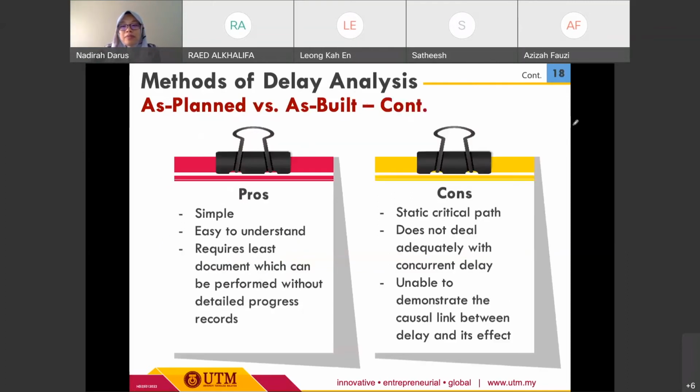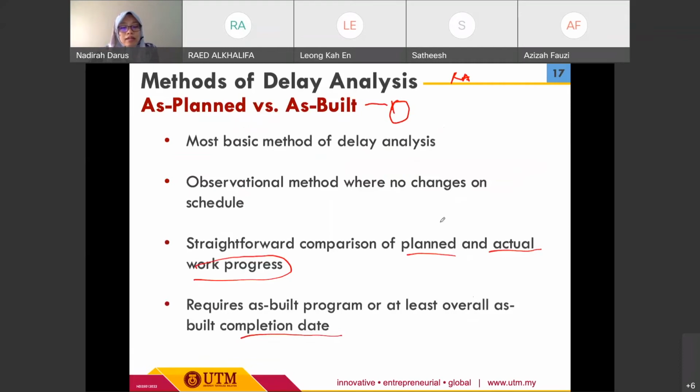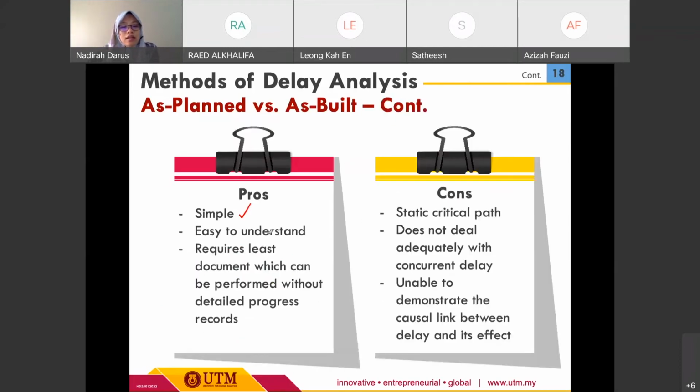In terms of its advantages and disadvantages, the pros of this method are that it is a very simple, basic method, easy to understand, since we just straightforwardly compare the actual with the planned progress.